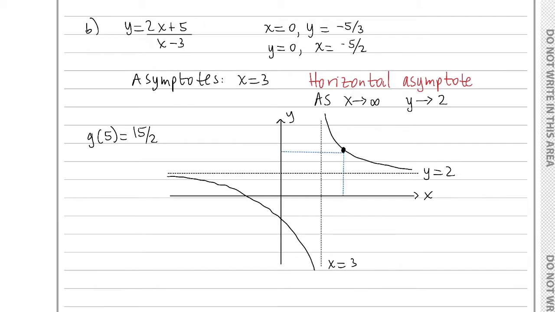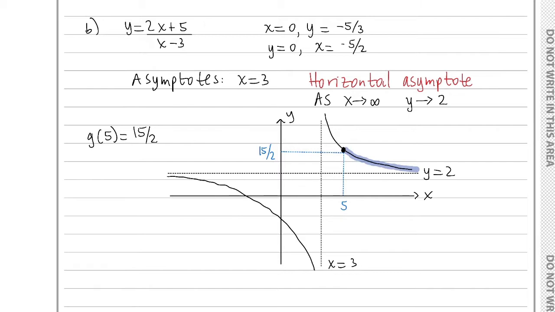So this is 5 and 15 over 2. And the graph only exists for x being greater than or equal to 5, which means it's this part here.